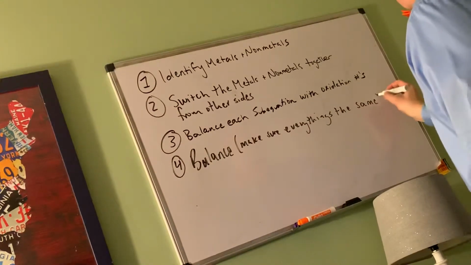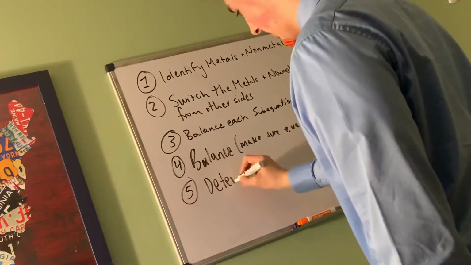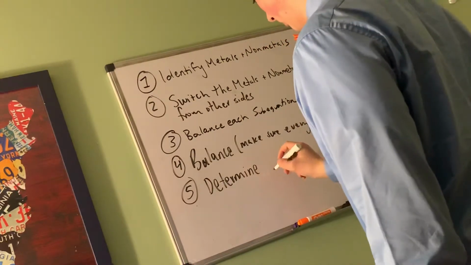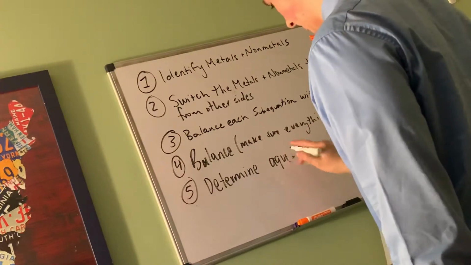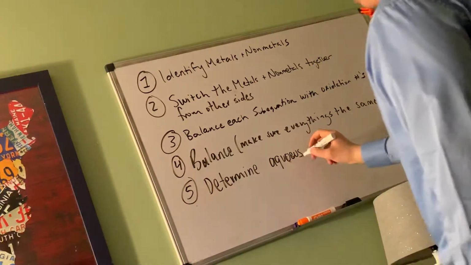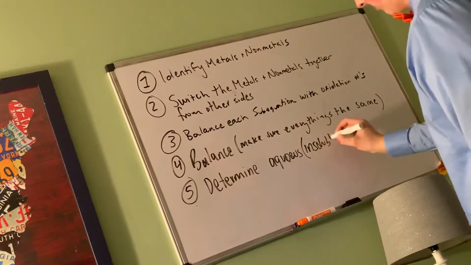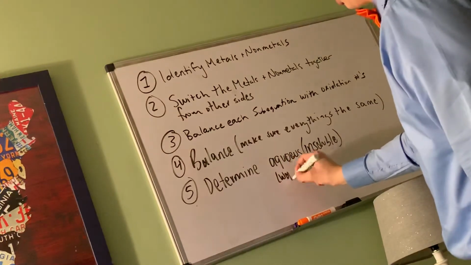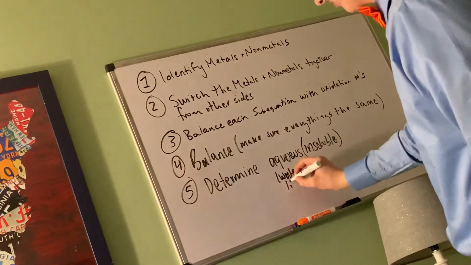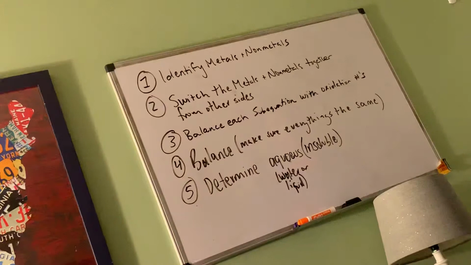And then the fifth step is you're going to determine what is aqueous or a solid. Soluble means that it can form an aqueous solution, and aqueous is water, or a liquid. Not all aqueous things will be water, but in this case we're just going to call it water.